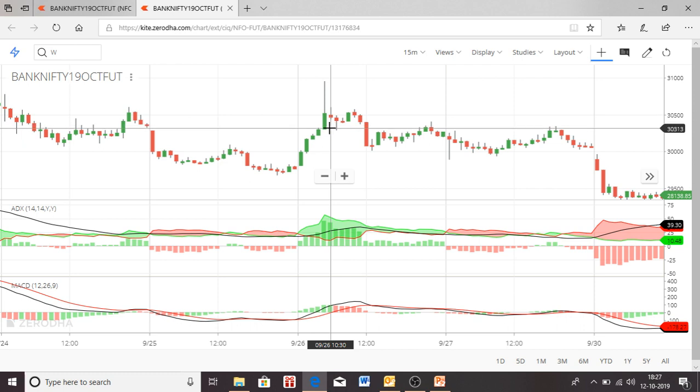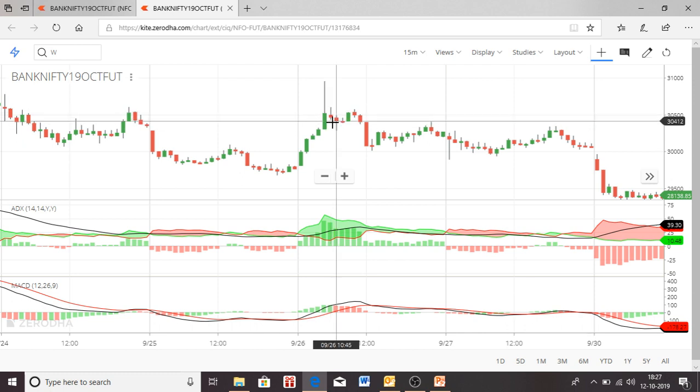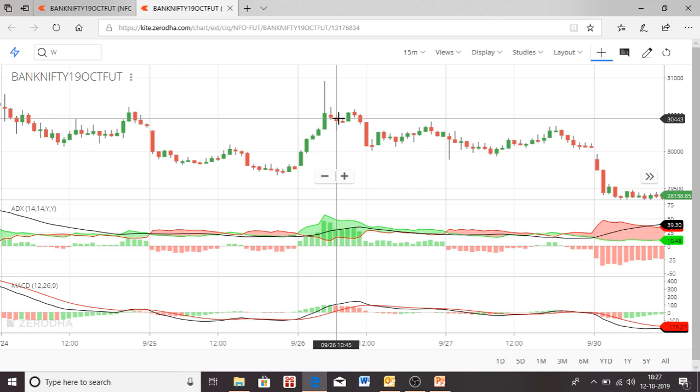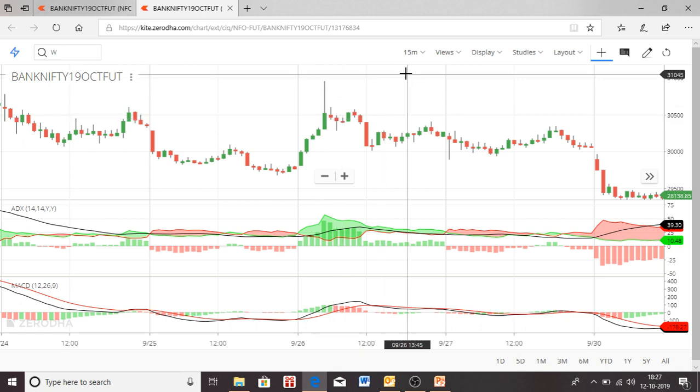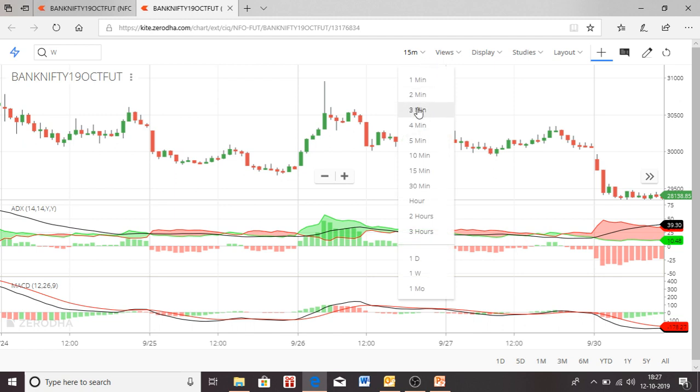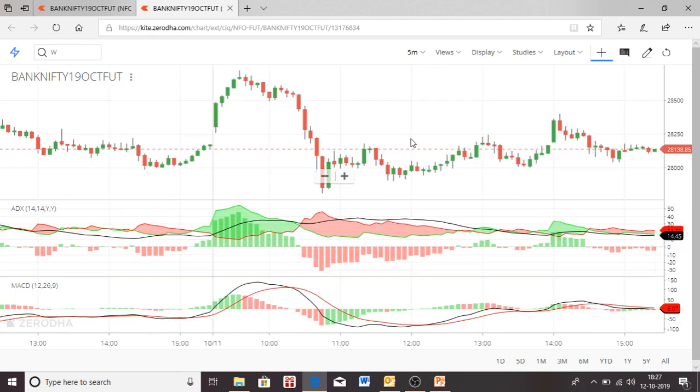Now, how to keep your targets? When it is uptrending, the next candle which is breaking the previous candle low means the downtrend is just about to start, and at that time you can book your profit. All right, now if in the live market you are confused whether to book profit or not, you can do a micro analysis by breaking this chart into 5 minutes.